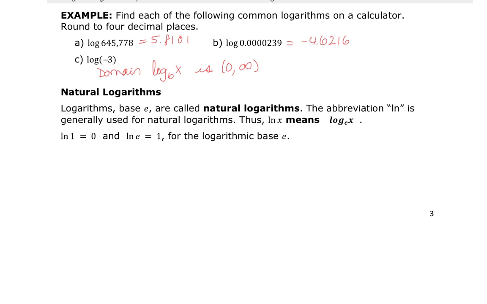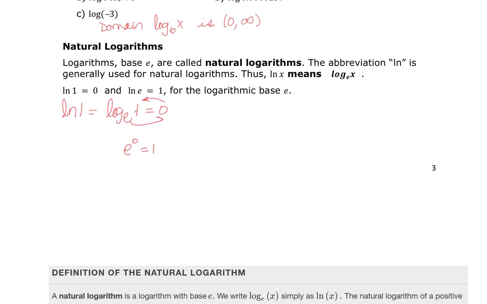The other log that is special to us that's on our calculators is the natural log. And I talked about that just a moment ago. We have e, the number e. So the log base e of x gets reduced down to ln of x. So ln of 1 is 0, and that's because, again, the ln of 1 is the log base e of 1, which is 0, and turning it back into its exponential, e to the 0 is equal to 1.